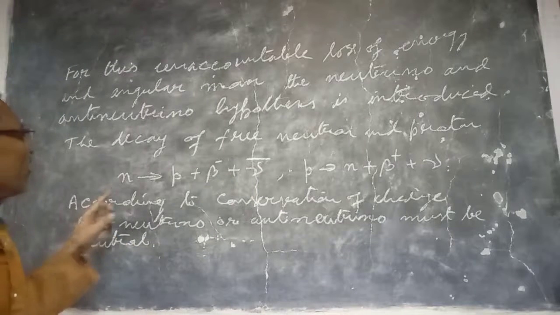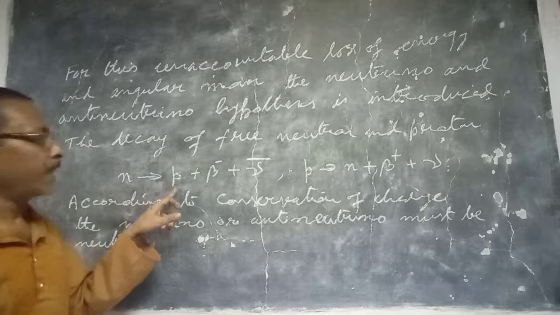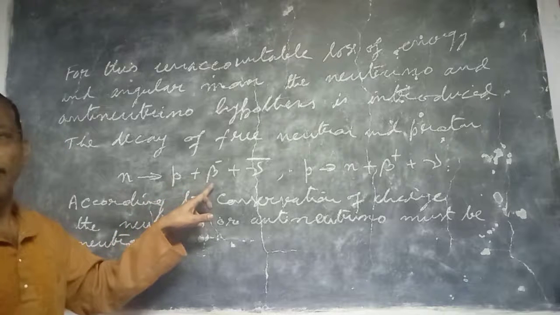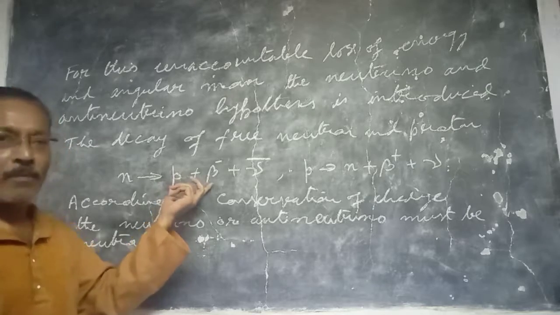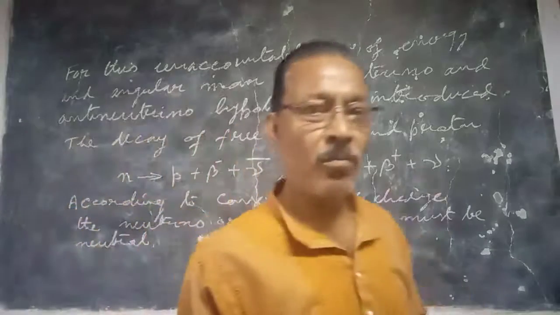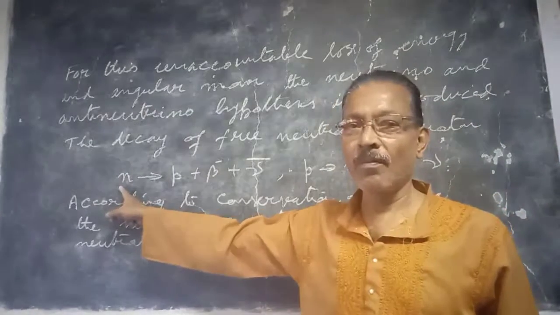Now come to the angular momentum. The neutron is a spin half particle, the proton is a spin half particle, and the electron is a spin half particle. So if these two are spin half particles, then this must have an integer spin, but the left hand side is spin half.